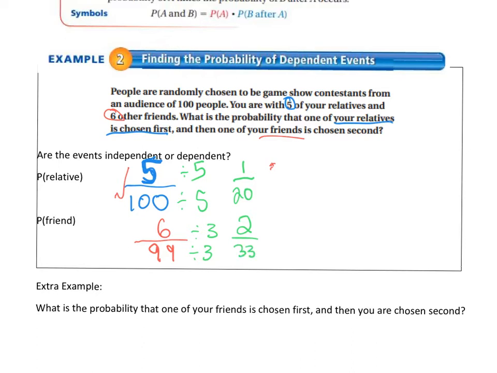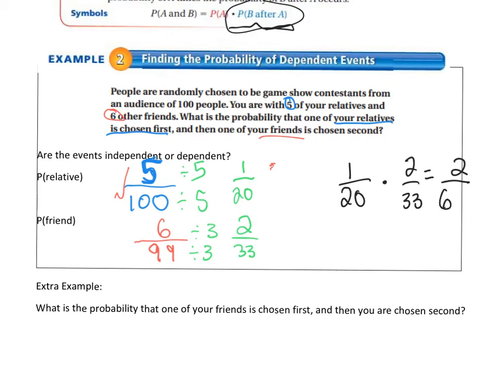And finally, all we need to do now is multiply our two probabilities together. So the probability of picking a relative was 1/20th, and the probability of picking a friend after that relative was chosen, so P of B after A, that's what that means, was 2 out of 33. Finally, we can multiply across to get 20 times 33 is 660.